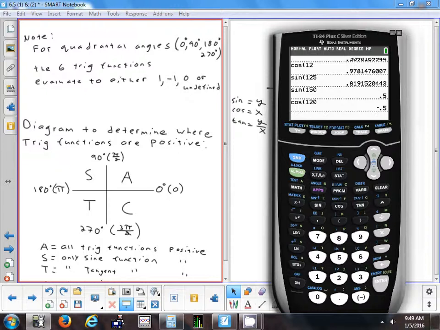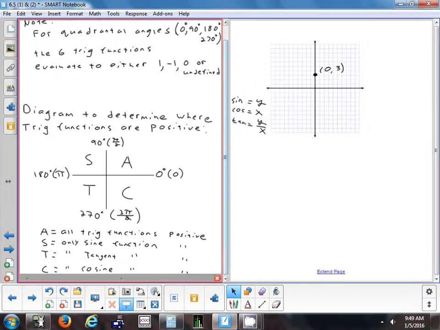I don't know what it is, but I know it's positive. And in quadrant 4, the only trig function that comes out positive is cosine. Right, so that's just a diagram to remember which trig functions are positive where. And the first quadrant is on all, right? Any angle in the first quadrant, any trig function, always positive.